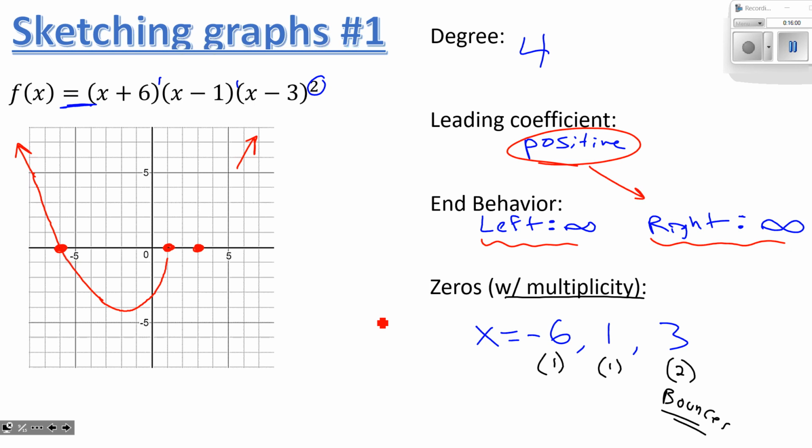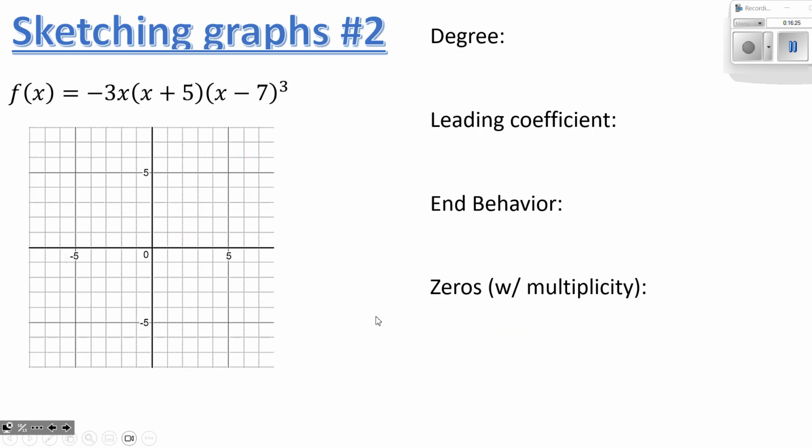I'm going to come up and be crossing back through, because again, a multiplicity of 1. And then at 3, when I approach it, I'm just going to do a little loop there. You can go higher if you want. You don't have to. I see I'm going to bounce. So there's my final graph. It made sense with where my end behaviors were and the bouncing and the multiplicities. Cool. First graph down. Let's do one more, and then you will practice.